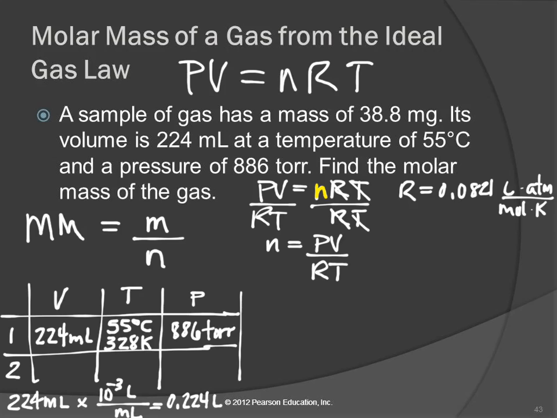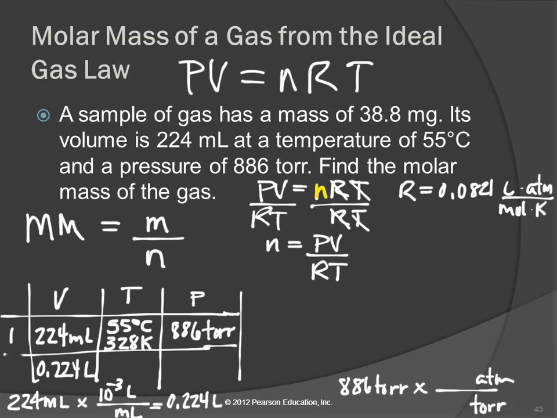So we're not really using this second column as a second set of conditions, but we can use it to write down our converted values. So 0.224 liters. The Kelvins are fine. What about the pressure? We need to put it into atmospheres. So 886 torr times, we're going to put torr on the bottom and atmospheres on top.